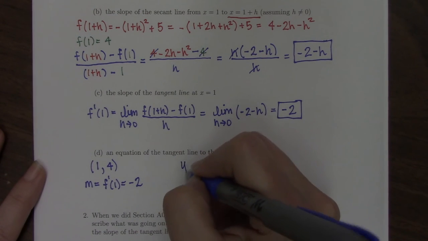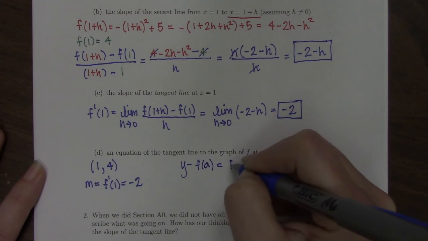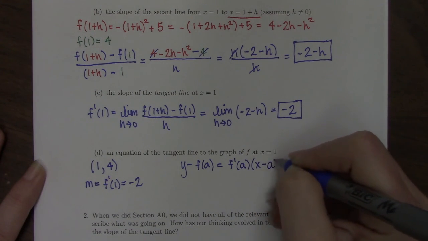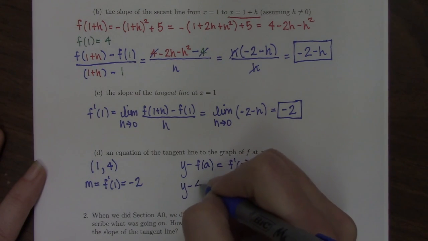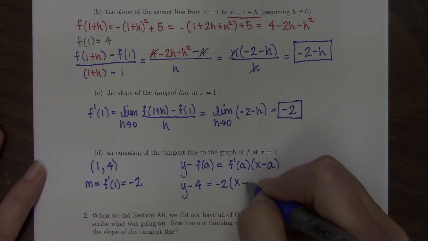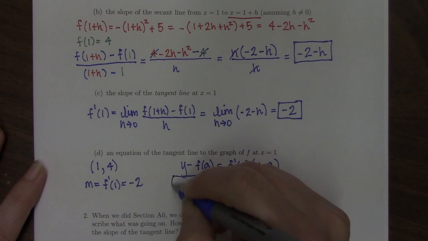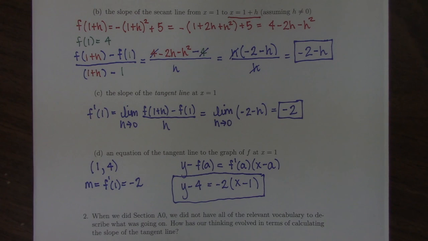So now, if I want to start with my point slope formula, I can fill in all the required pieces. So y minus 4 equals negative 2 times x minus 1. And I can actually stop right here. That is, in fact, the equation of the tangent line.